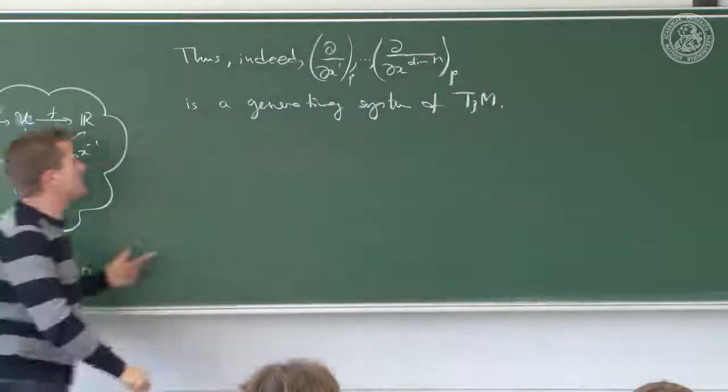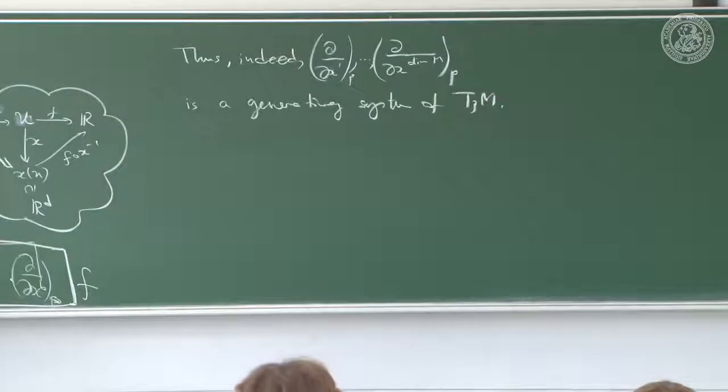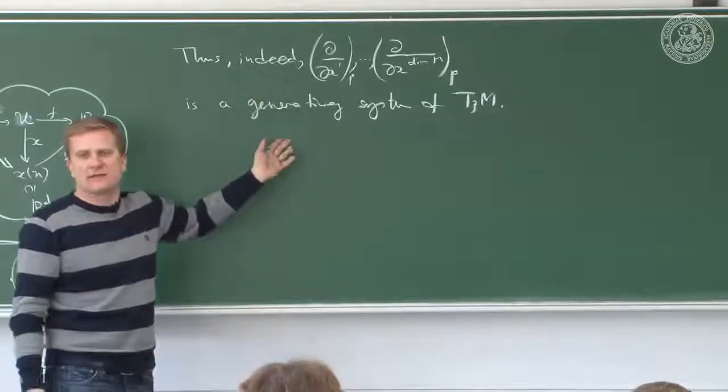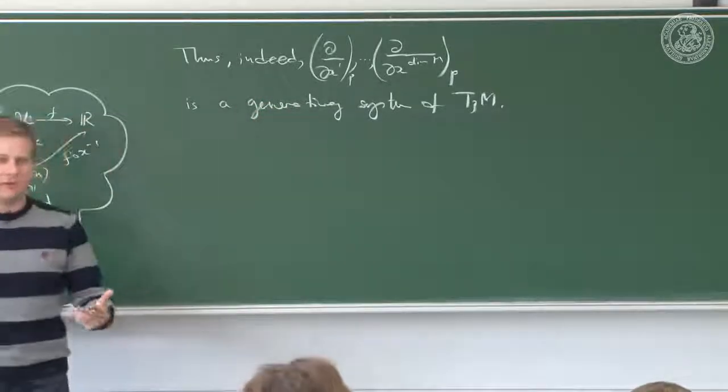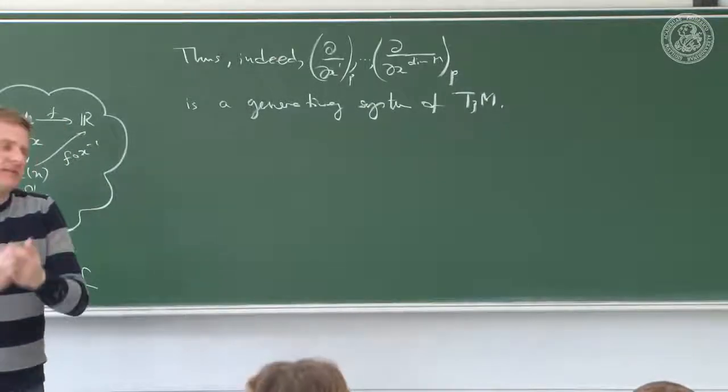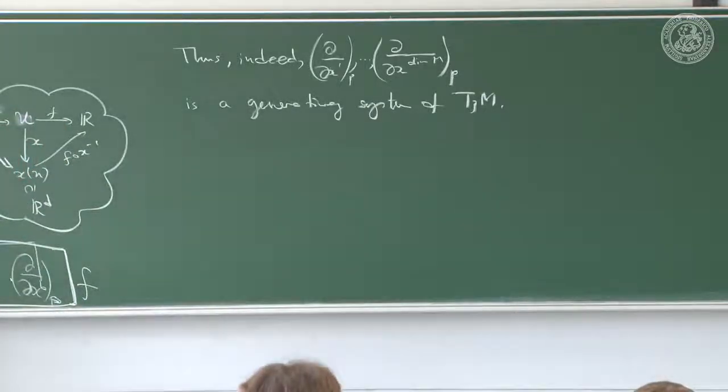Of course, there are many others. You could take this generating system, build linear combinations of certain types, and you get generating systems. So it's not unique. It's a very special one induced from the coordinates, but it has this advantage. In coordinates, I can calculate the derivatives to curves in the chart picture, so it's very useful.